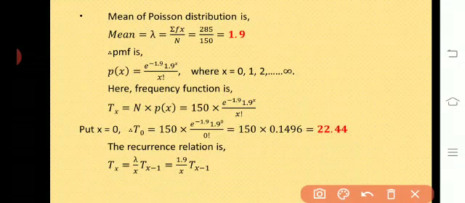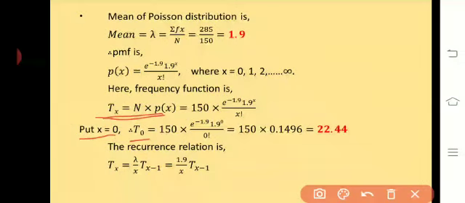Now we put x equal to 0 in this frequency function, then you will get T0, which is equal to 150 into e raised to minus 1.9 into 1.9 raised to 0 upon 0 factorial.